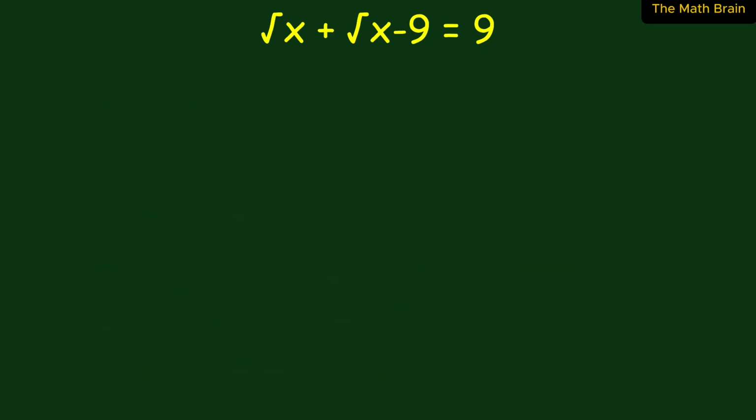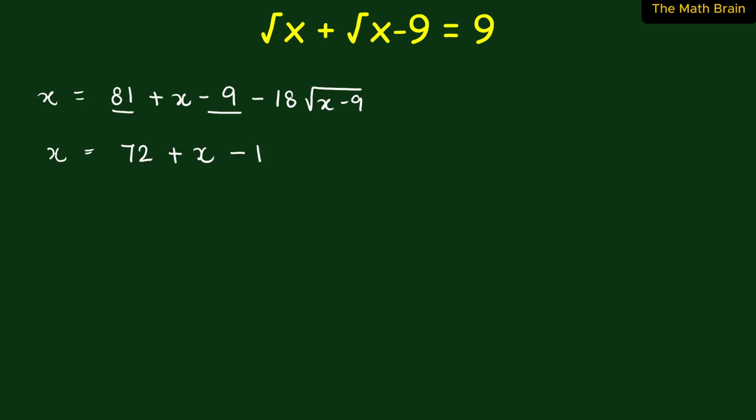So from here we get x is equal to 81 plus x minus 9 minus 18√(x − 9). We can subtract this. So x is equal to 81 minus 9 is 72 plus x minus 18√(x − 9).